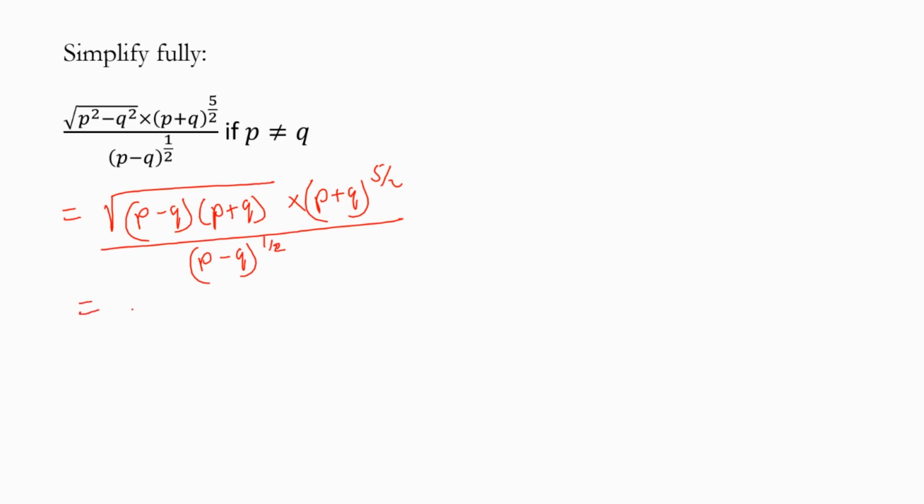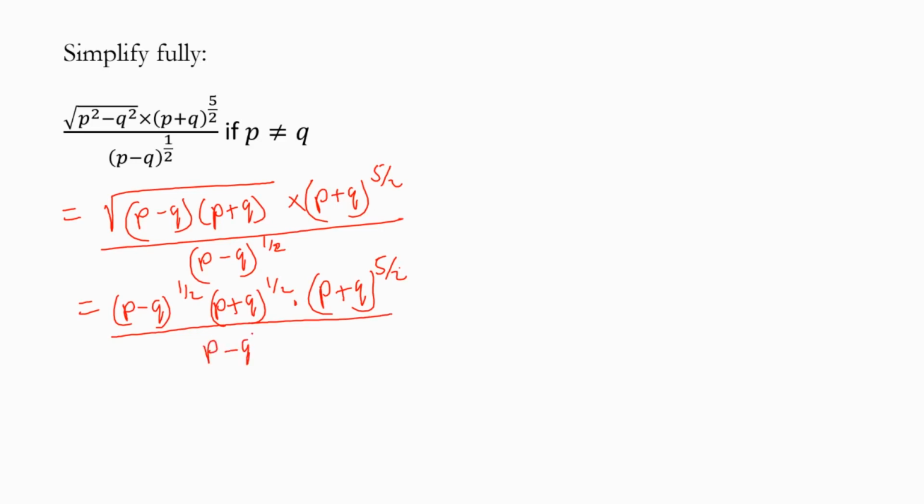And then this is just the same as p minus q to the power half times p plus q to the power half times p plus q to the power 5 over 2. Then all this over p minus q to the power half.